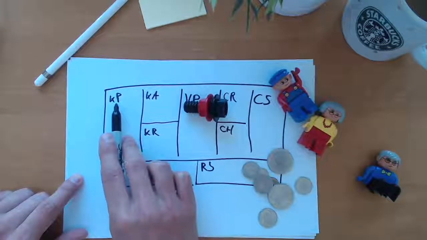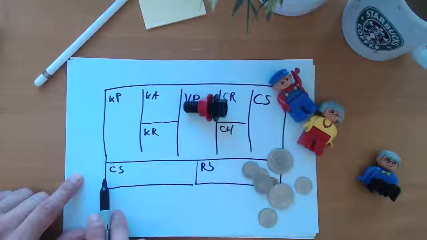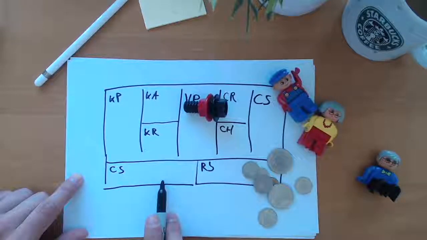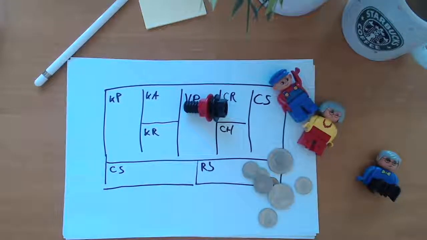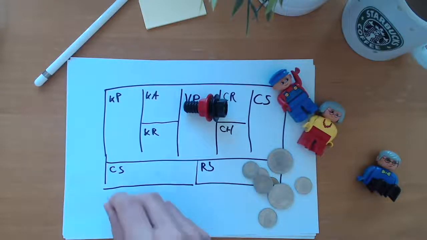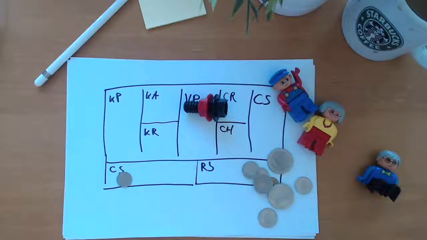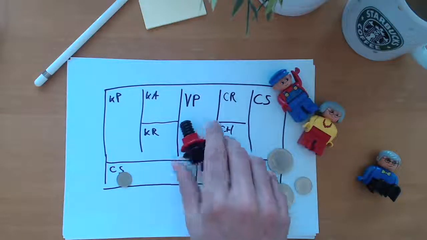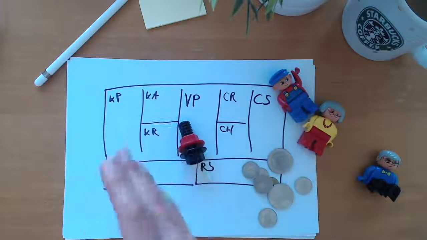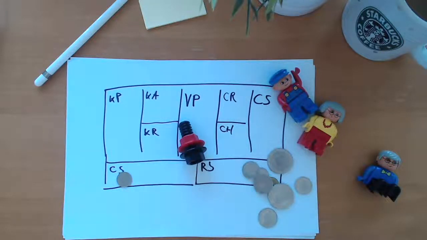And about your partnerships, what do I need to invest in these partnerships? And then you get a cost structure. And you want to pin this down to some amount of money. Okay. So what you have now are 9 building blocks. Yeah? And these 9 building blocks describe your business.